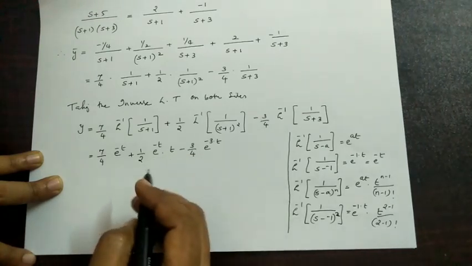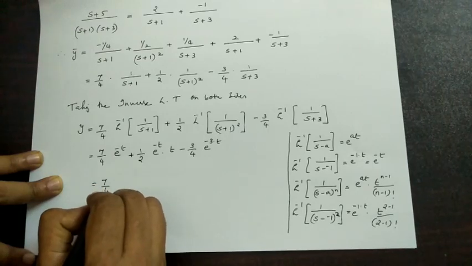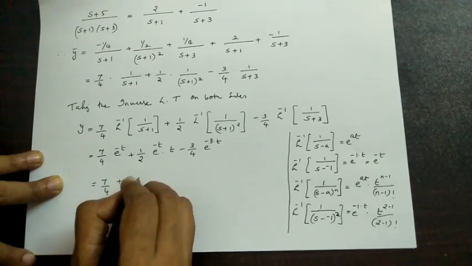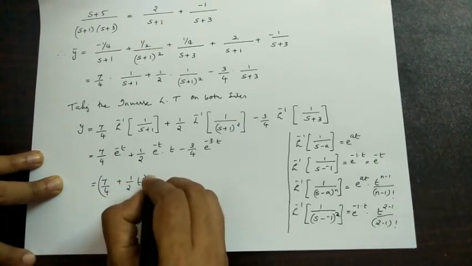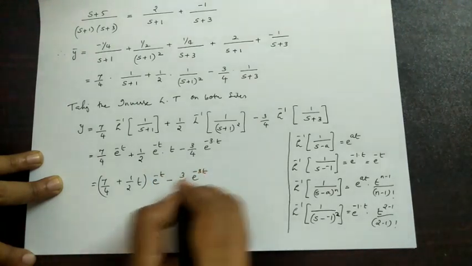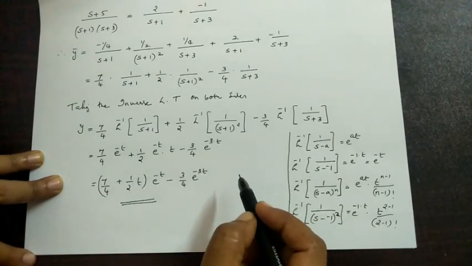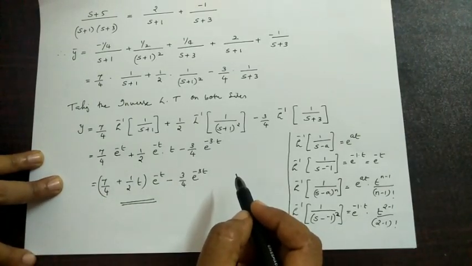Or this can be written as (7/4 plus 1/2 t) into e raised to minus t minus 3/4 e raised to minus 3t. That is the solution for the linear differential equation with constant coefficients using the Laplace transform method.